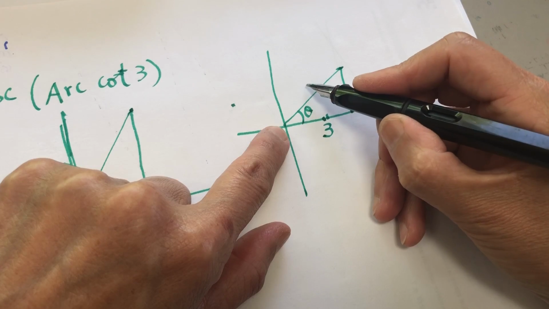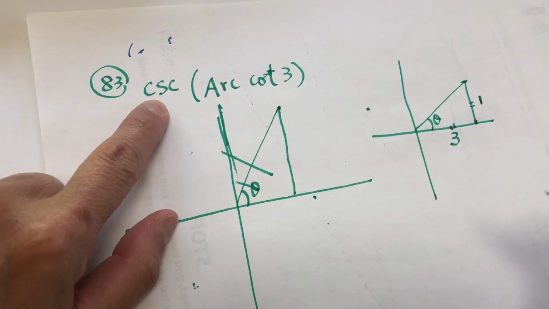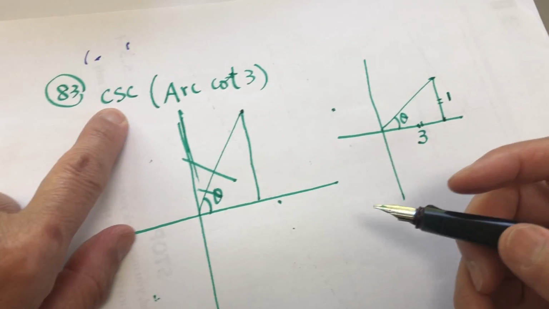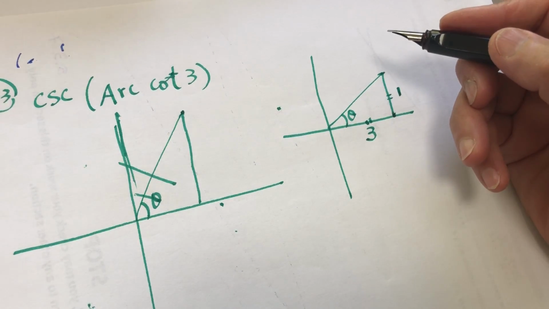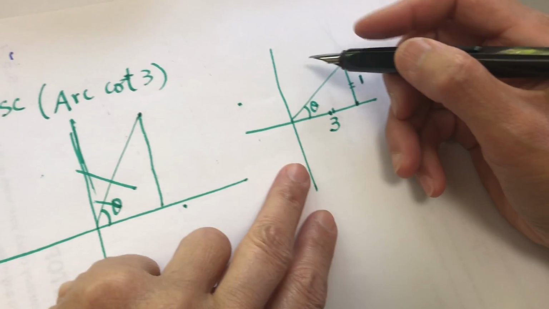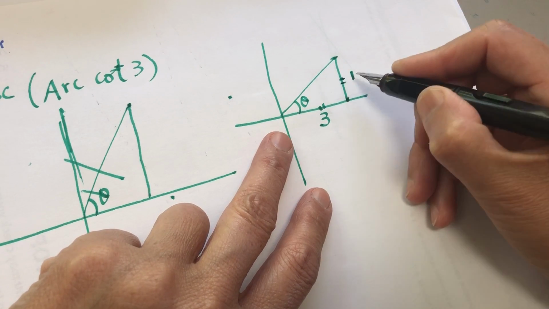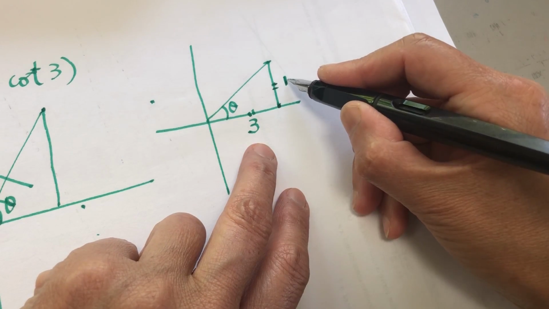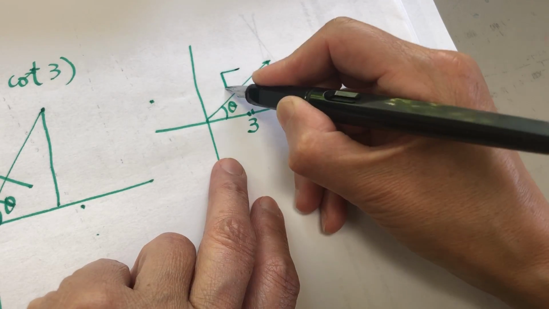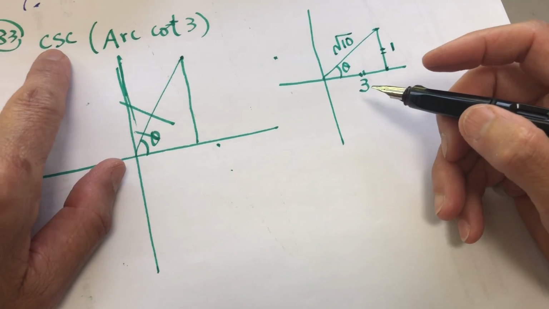So what is the value of this one? Because we are trying to figure out cosecant, it has something to do with the hypotenuse. So it's 9 plus 1, and this is root 10.